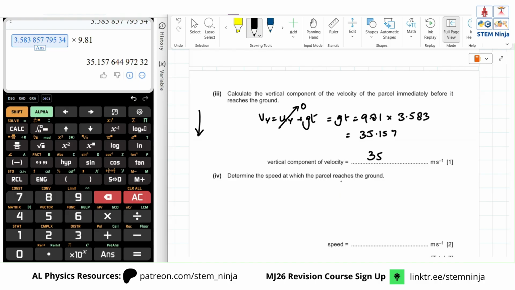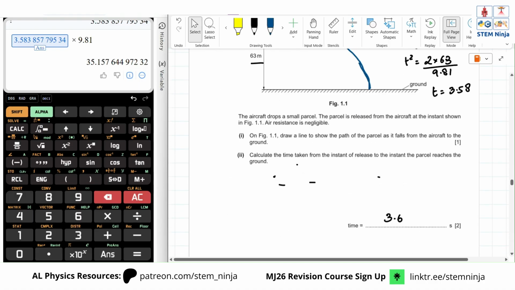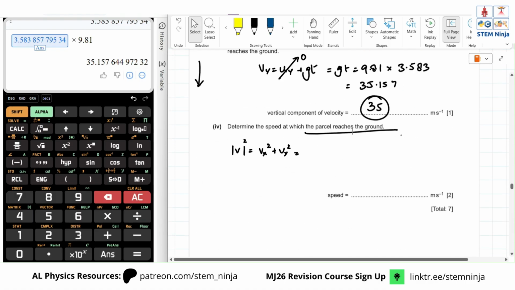Determine the speed at which the parcel reaches the ground. Again, speed means the total magnitude of the velocity. So this would be the square root of Vx squared plus Vy squared. We have already found Vy. Vx was 42.